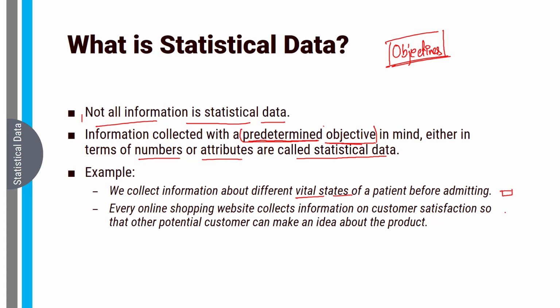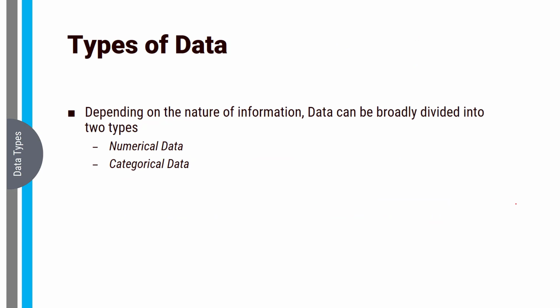For a better treatment. Similarly, there is also a certain objective in the other case. We are collecting this data so that we can treat them in a perfect way, right? So that is statistical data.